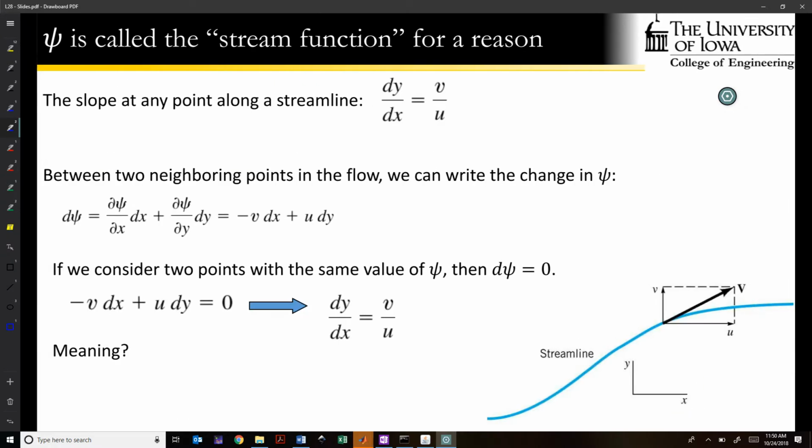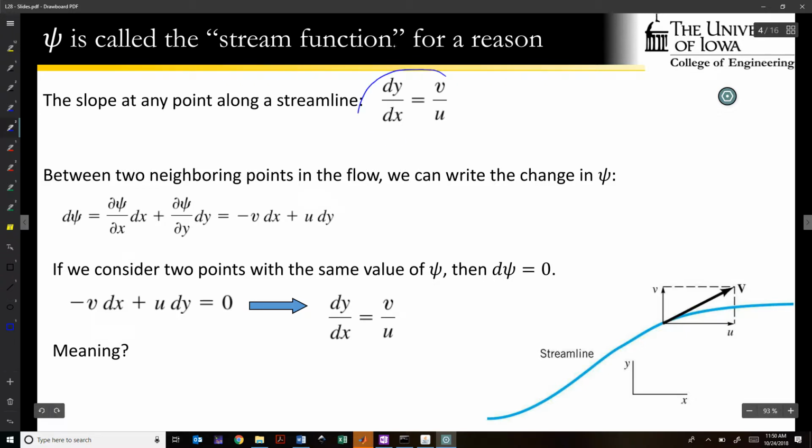But other useful facts about the stream function. It's called a stream function for a reason, and that's that when we were talking about fluid kinematics the first time, and we defined this idea of a streamline, we wrote, what's the equation of a streamline?